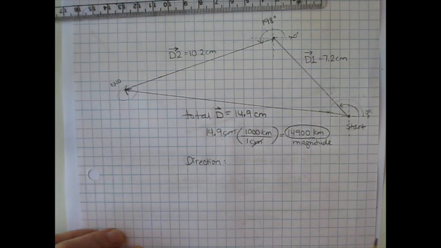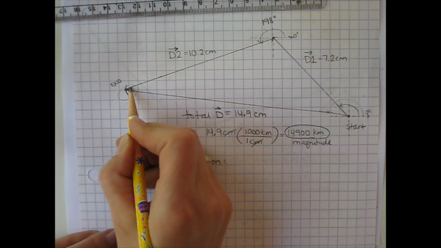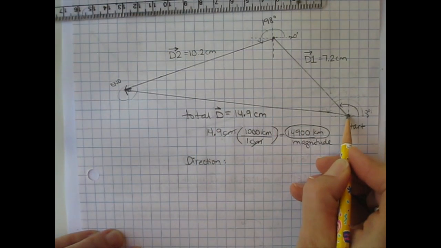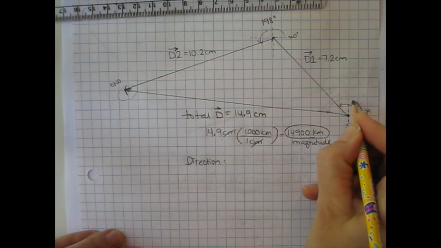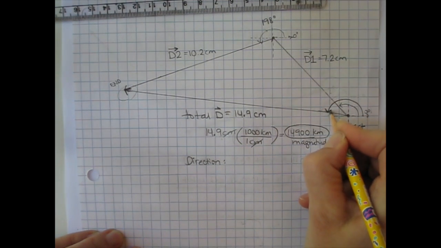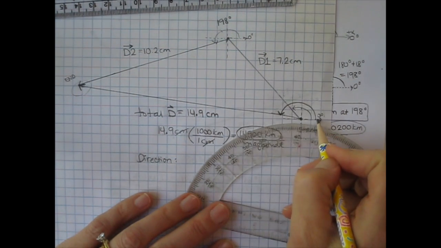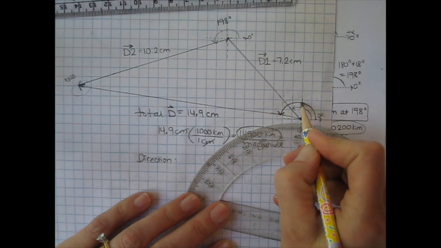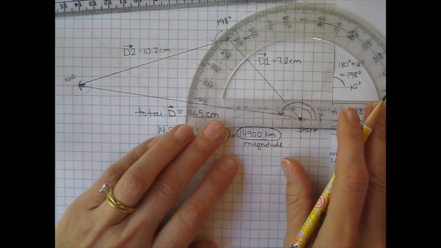To find the direction, we need the angle, and remember that angles are always measured at the tail of the vector. So this vector, the tip is here, the tail is here. So this is where we measure the angle. So starting at 0 degrees, we're going to go all the way around until we get to that vector. That's the angle that we need. So I'm going to just know that this to here is 90, and I'm going to measure this additional part and then add those together.